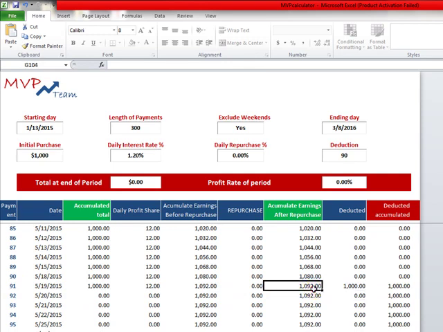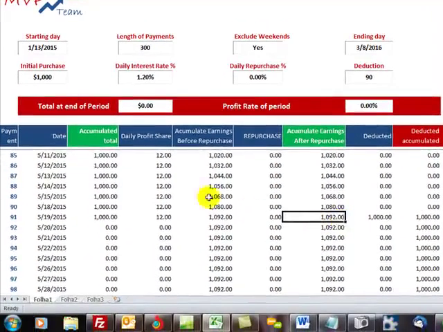So after 3 months, after 4 months, you would have made $92 on your money, and that's just basically transferring at 0% repurchase. You don't want to do that. You want your account to grow. You want your account to increase so that you can earn more daily profit share.